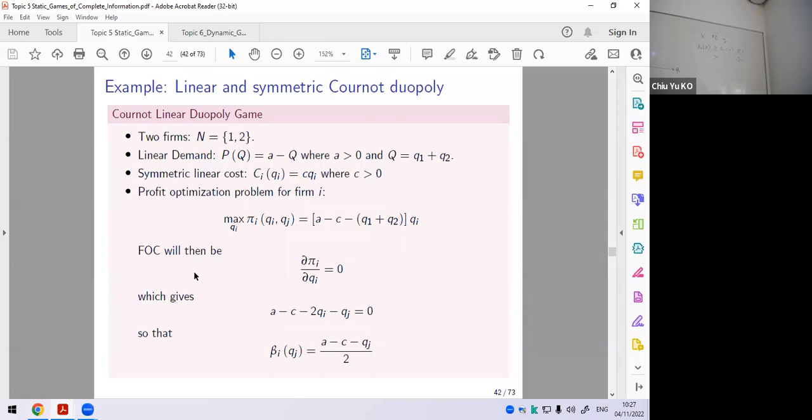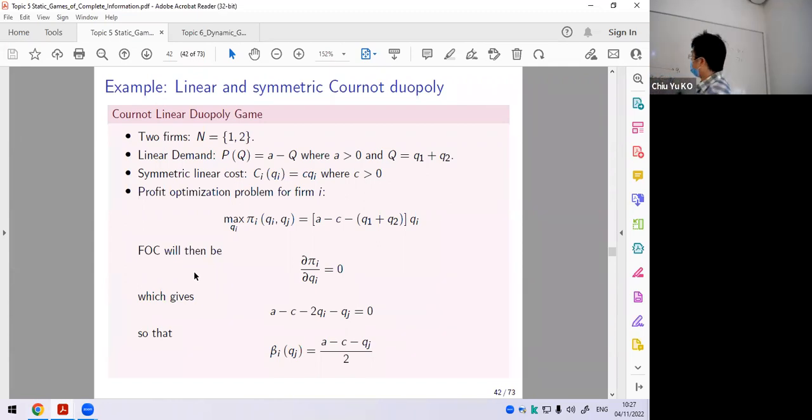The FOC is just the derivative of this, and you can solve this out. So the best response for player one, given quantity Q2, will be (A minus C minus Q2) over 2.